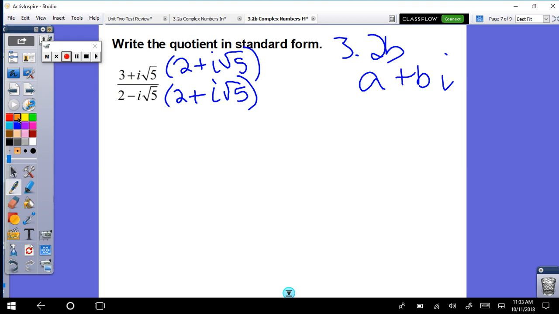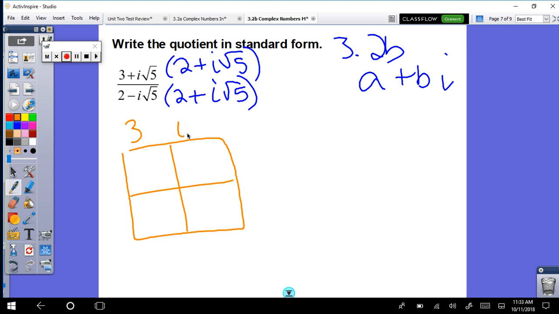So on the top, I might do these ones with a box just because it includes some square roots and it gets a little complicated. So we get 2 times 3 is 6. 2 times i square roots of 5 is going to be 2i square roots of 5. 3 times i square roots of 5 is going to be 3i square roots of 5.